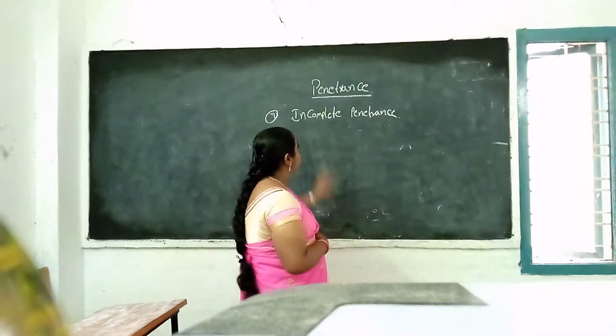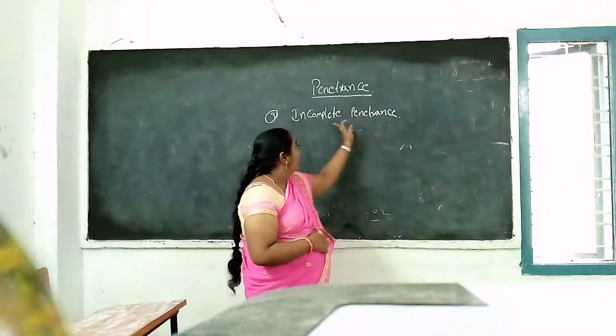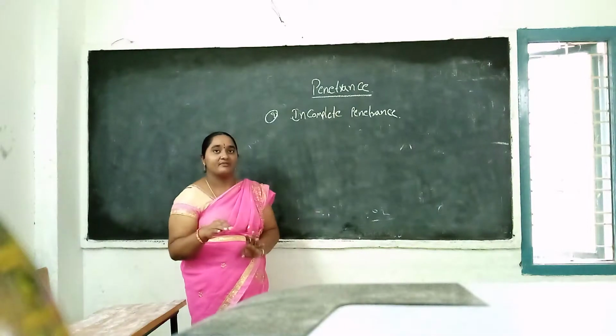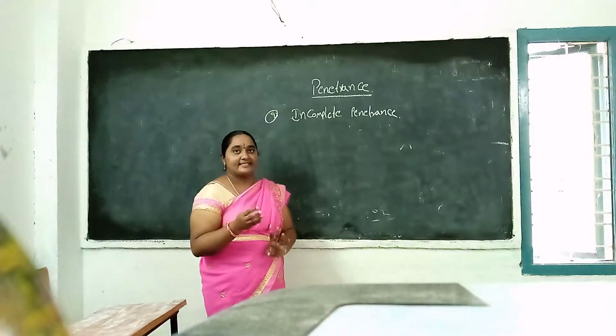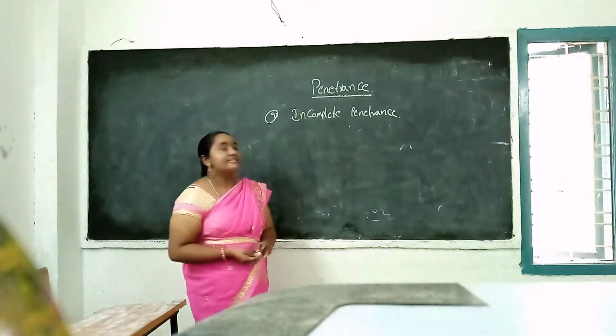That is called incomplete penetrance. It works in both directions, and it is an arrangement of the gene pairs.